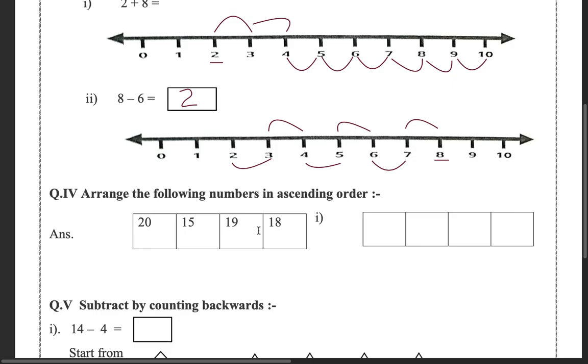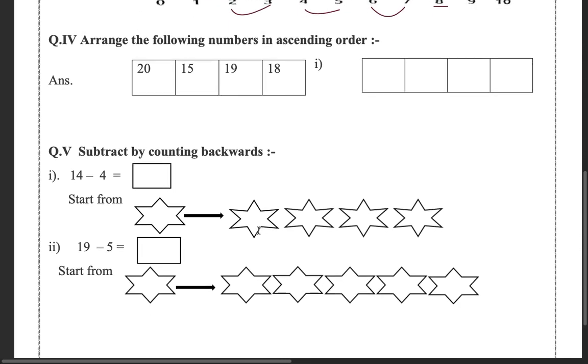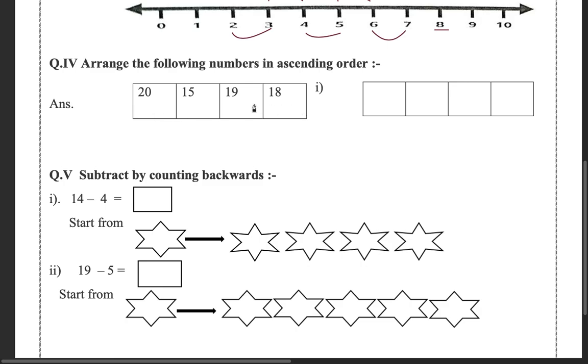Arrange the following numbers in ascending order. Ascending order में सबसे पहले सबसे छोटा होता है. So number 15. So we will write here number 15.